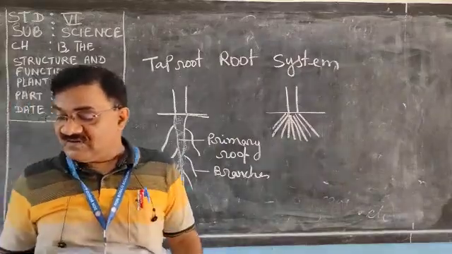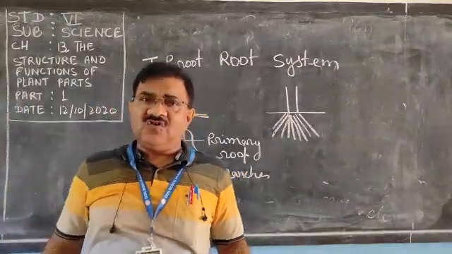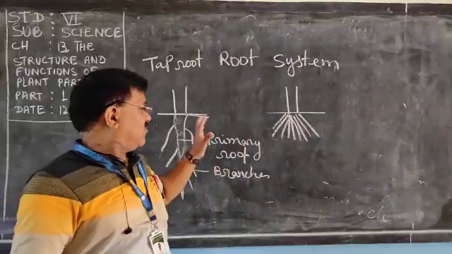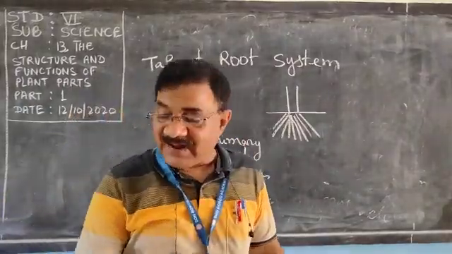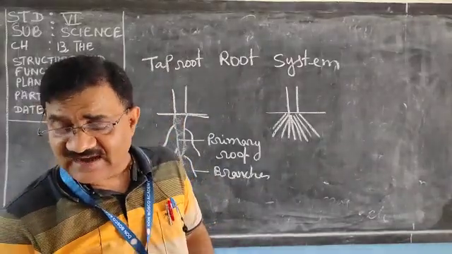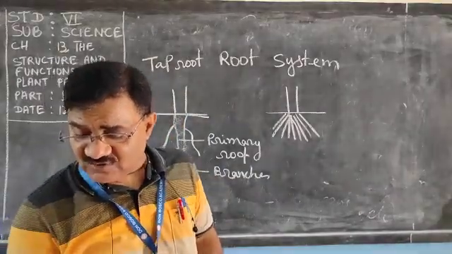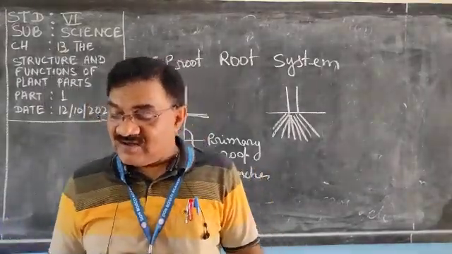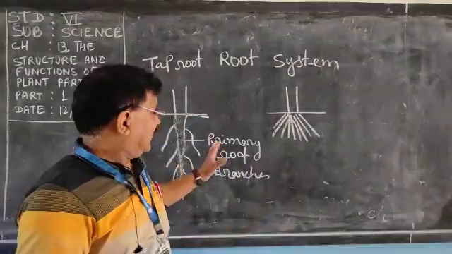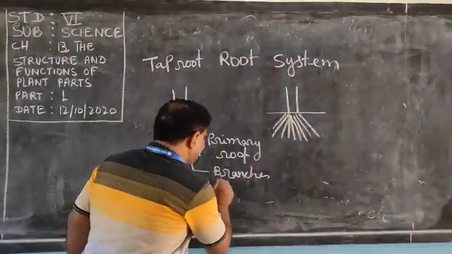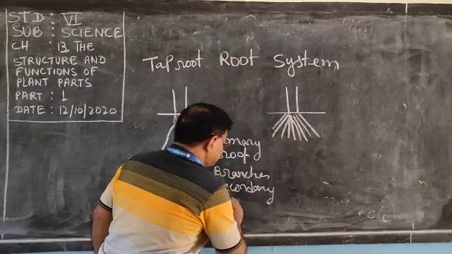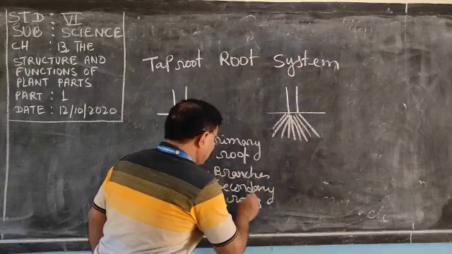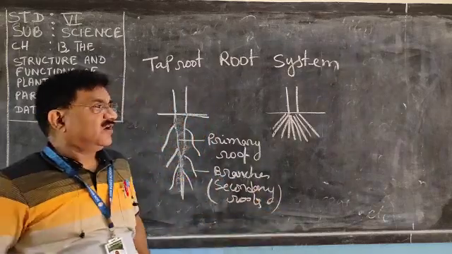It is the root system in which one main root, known as the primary root, is there along with branches. And these branches are called secondary roots.